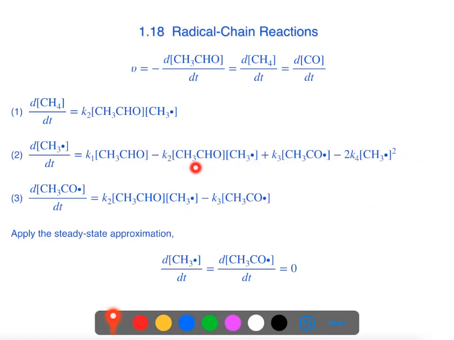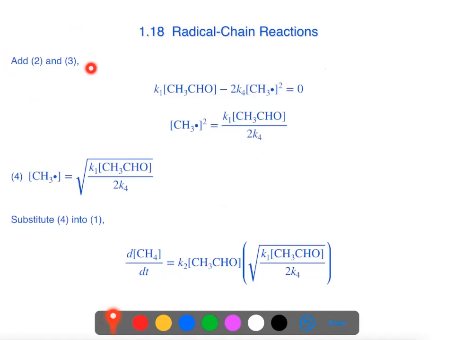We have a K2 term in both expressions and a K3 term, but they are of equal and opposite sign. One trick, if you will, for radical chain reactions when we're using the steady state approximation is to sum these 2 expressions. And that's shown on the next slide.